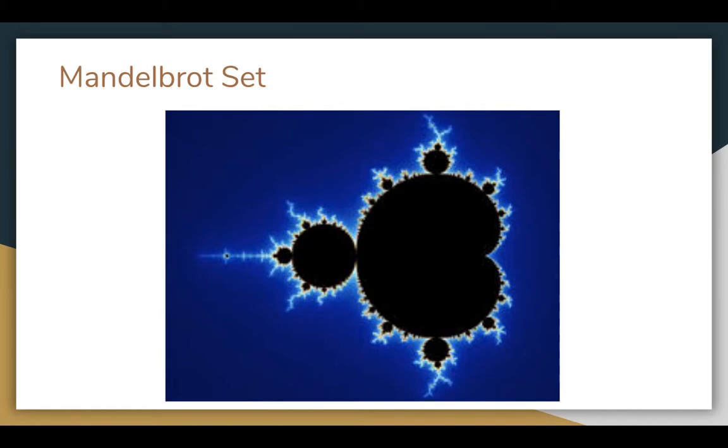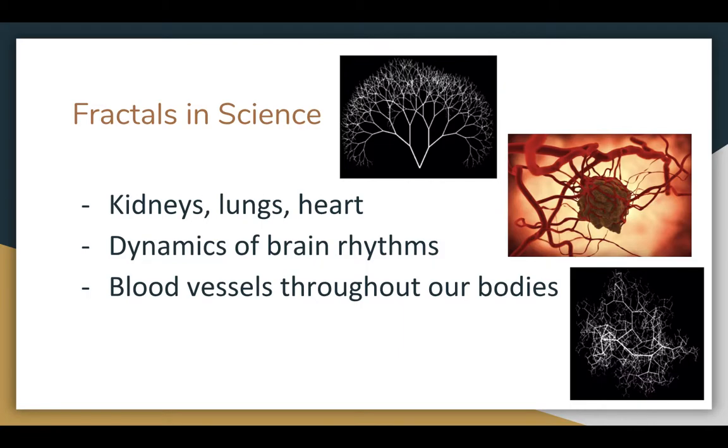So now, extending this to science and how it's related to the real world, scientists have now started to use, other than the tree example that I used before, kidneys, lungs, heart rhythms have fractal patterns, dynamics of the brain, and then blood vessels throughout our bodies.